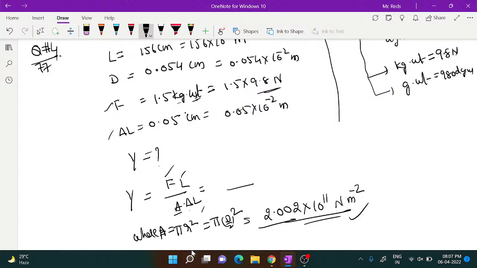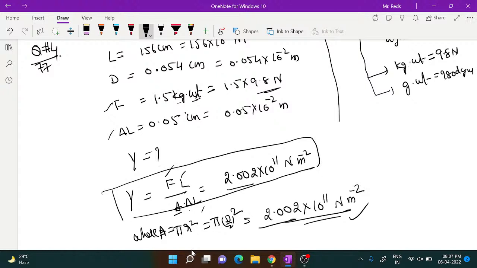Not this area, this one. 2.002 into 10 to the power 11 Newton per meter square will be the Young's modulus answer for this. So to find this, you have to find the area first, and if you substitute all the values here, then you will get this much.